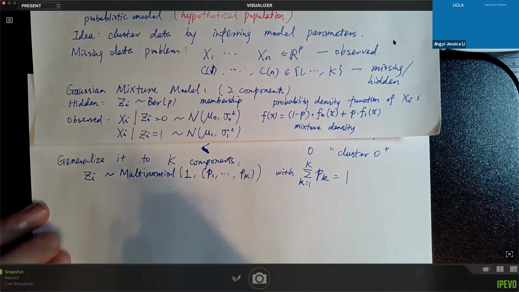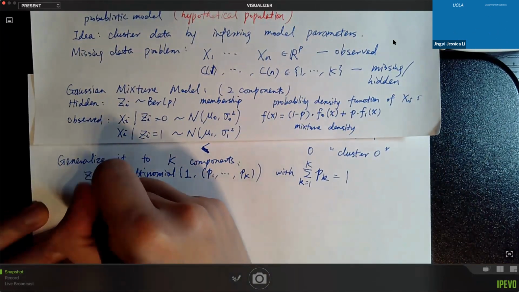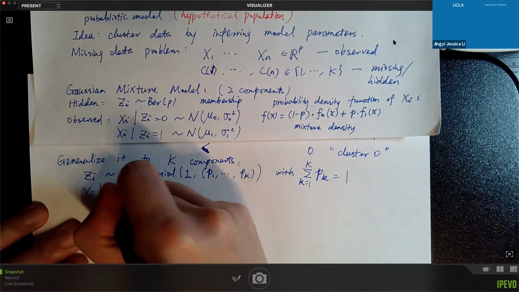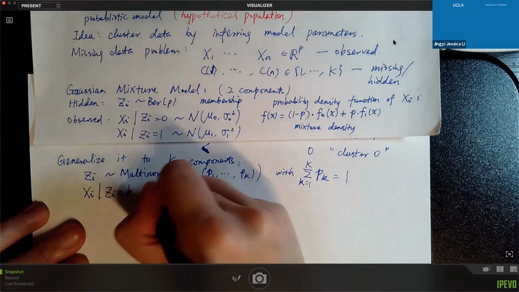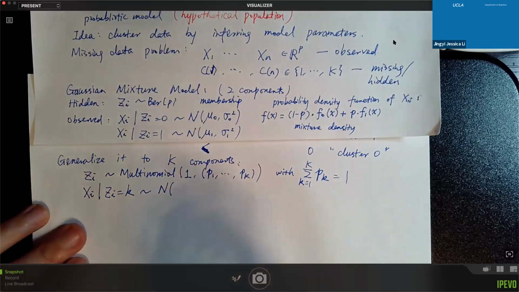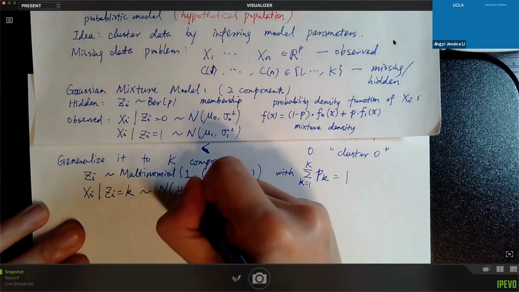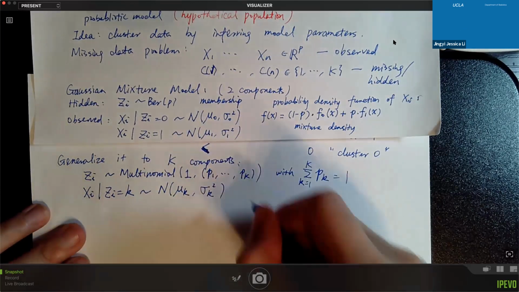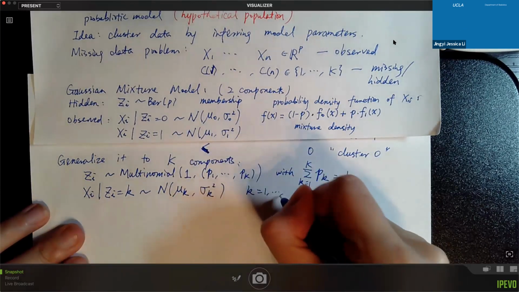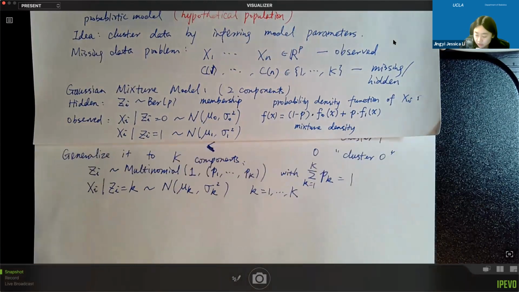And for the observed part, I would have xi given zi equals lowercase k follow a normal distribution with mean mu k, variance sigma k squared. And of course, here the k goes from 1 to capital K for my K components.